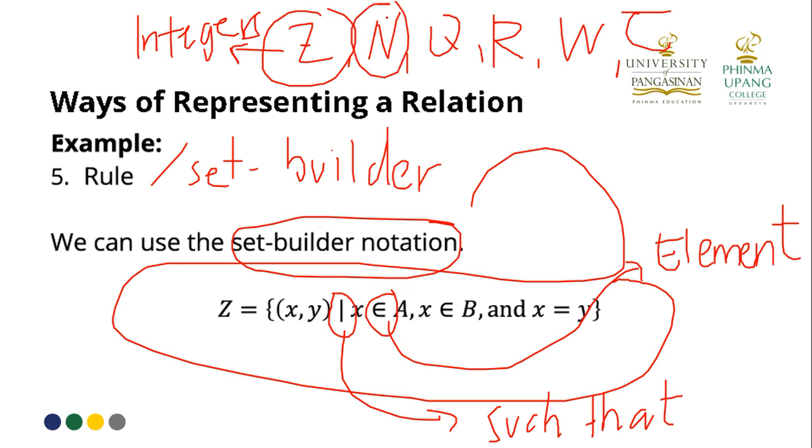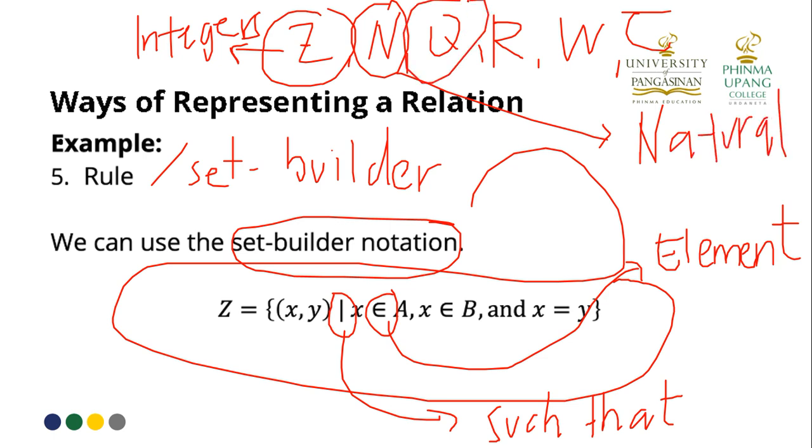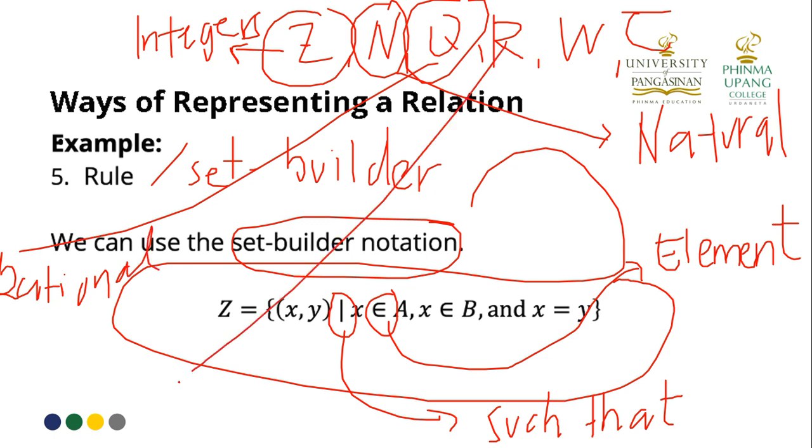How about n? What is n? Natural numbers. What is q? Rational numbers. What is r? Real numbers. What is w? Whole numbers.